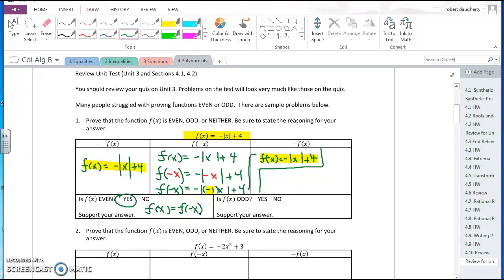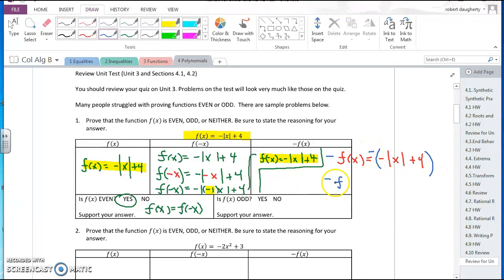And now I'm asking you to support, is it odd, yes or no? So let's see what it would mean if the function were odd. You've got f of x equal negative absolute value of x plus 4. To find negative f of x, that's just a negative on both sides of this equation.